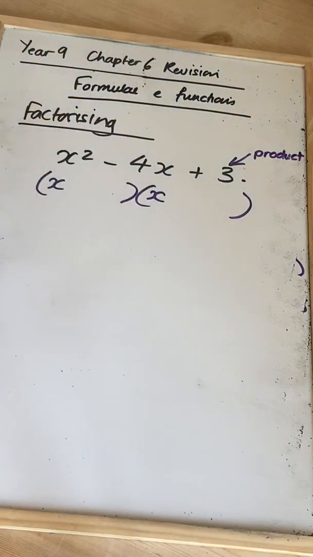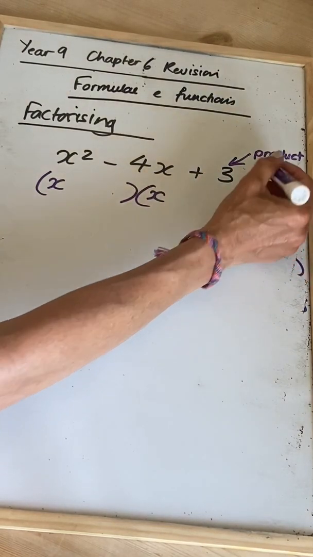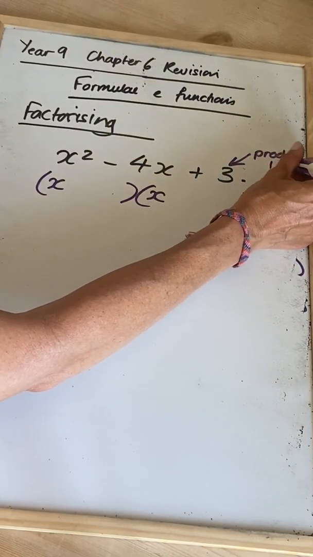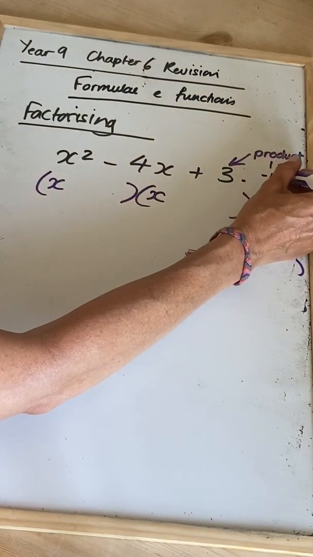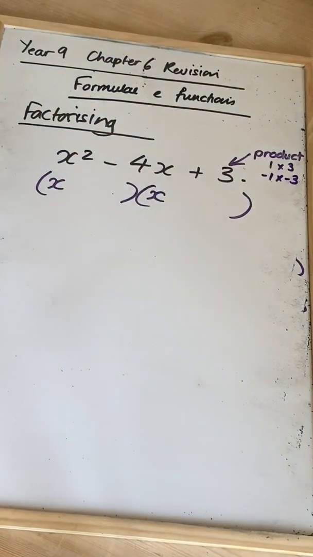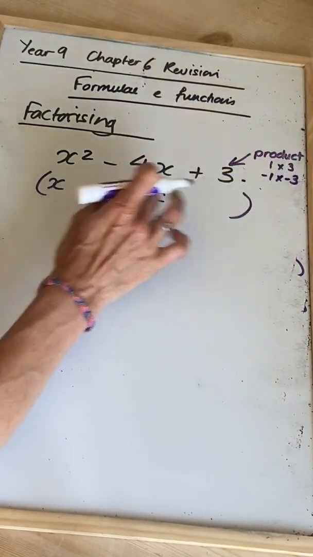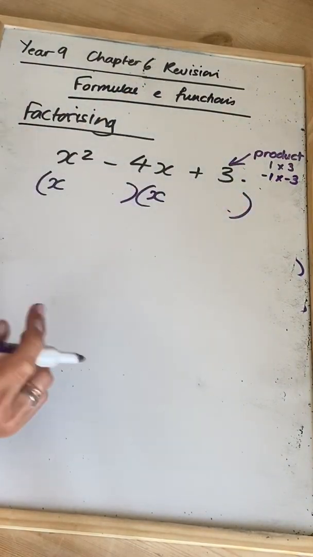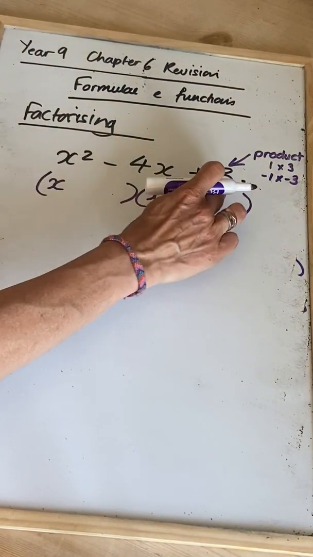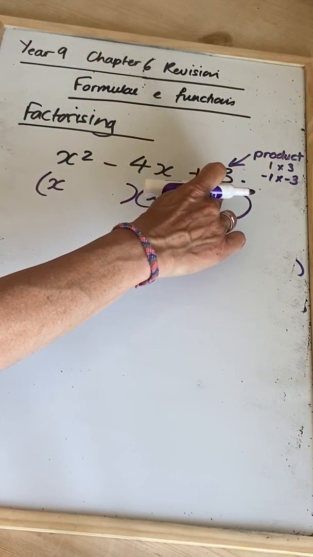Now this particular one's nice and easy. There aren't many combinations of two numbers, factor pairs we call them, that are going to give you +3. In fact, there are only two. It can be 1 times 3 or -1 times -3. So those are the only numbers, 1 and 3 or -1 and -3, that would work to make us get a 3 at the end there.